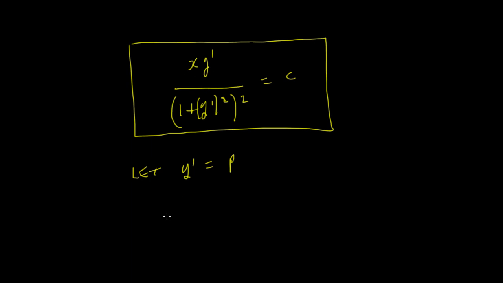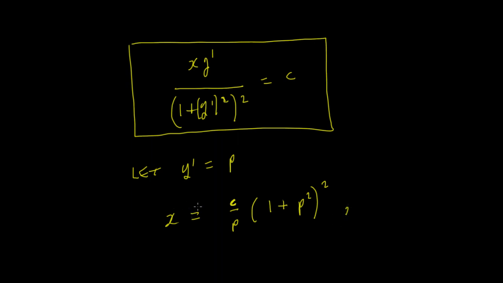Then you're just going to end up with x will be c upon p, and this will come up, so it'll be 1 plus p squared, and it'll be all squared as well. So that's what the value for x is.